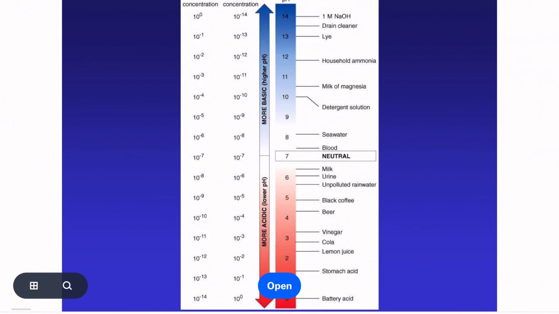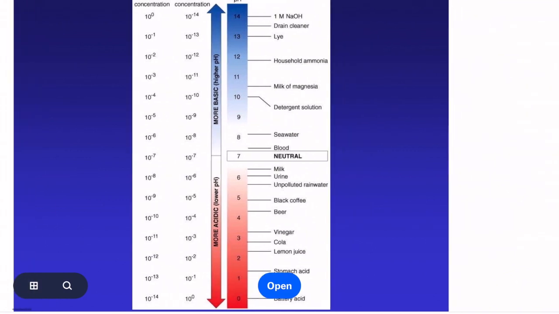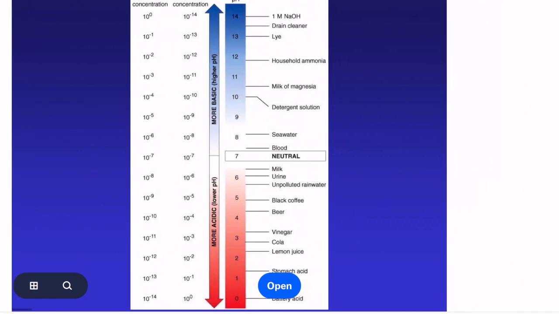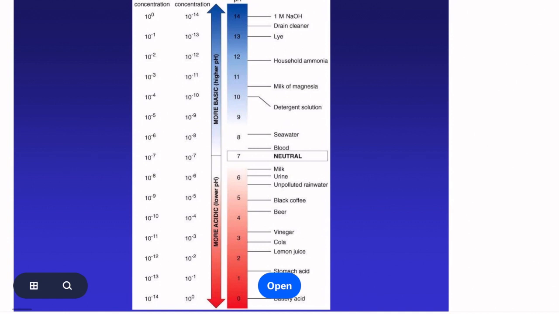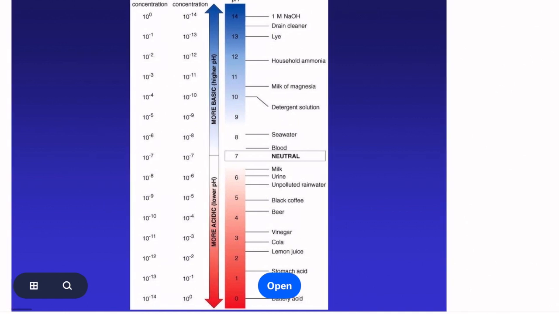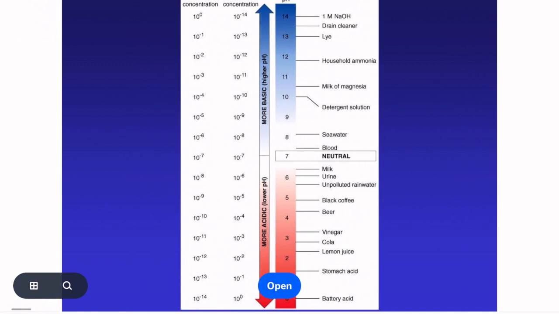But the pH scale runs from 0 down at the bottom where the red is, where it's very acidic, on up to 7, which is pH neutral, and on up to 14, which is very, very basic or alkaline. Most alkaline things are not things that we ingest or that any cell considers to be food.